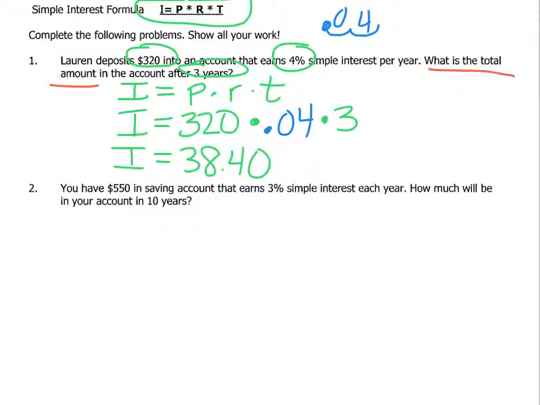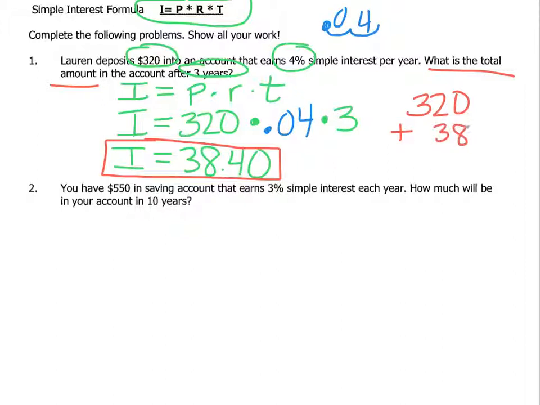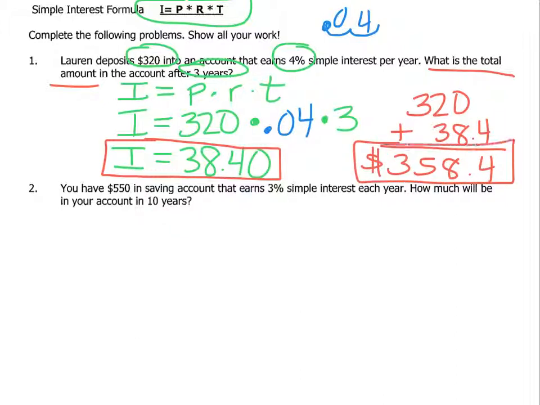So this number right here is giving you what the interest is. So now what we have to do is take the initial amount in the account and add the interest to it, and that will give us the total amount in the account at the end of that period of time. So in this case, the answer is $358.40.